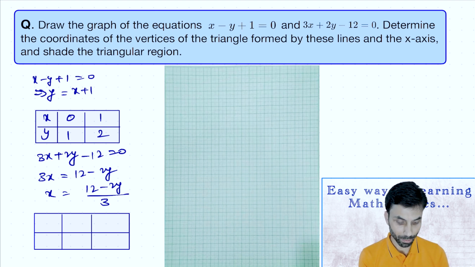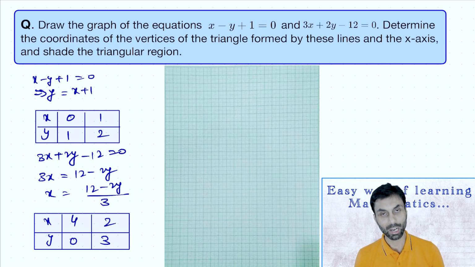Now taking the values of x and y suitably, we'll put y equals 0, we get x equals 4, and if we take y equals 3, then x will be equal to 2. And now we'll plot these points.